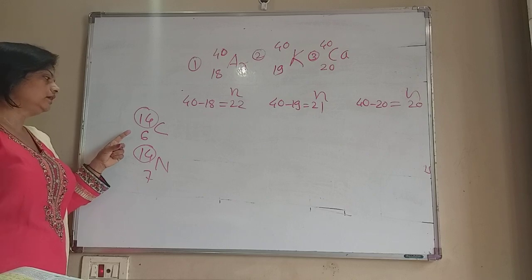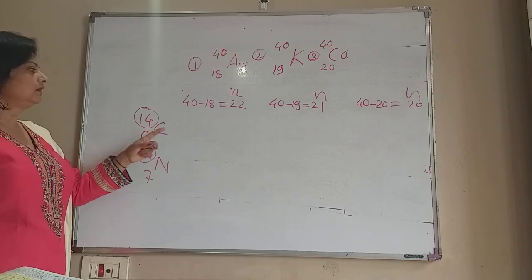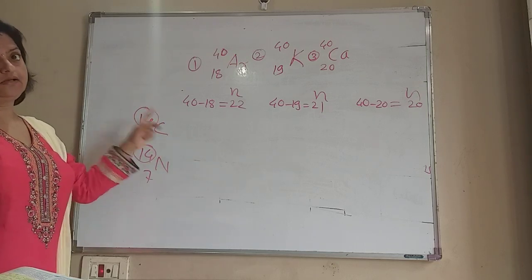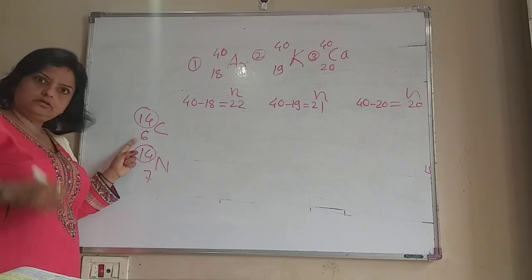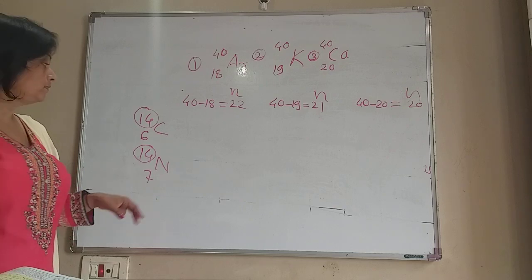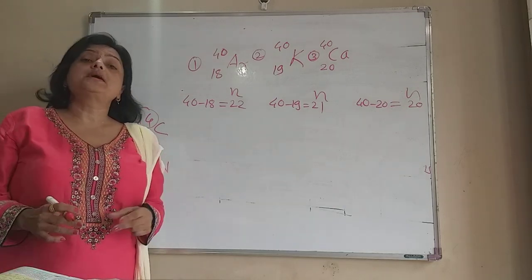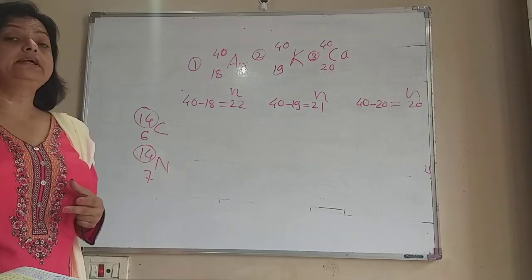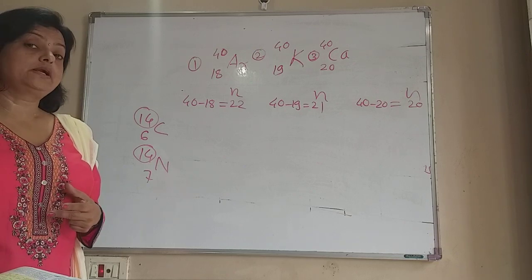Here the number of neutrons is 8 and here there are 7 neutrons. In this way the isobars having the same masses but different atomic numbers are different atoms of elements. They are called isobars.